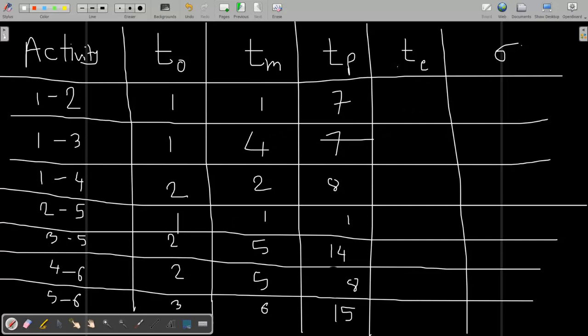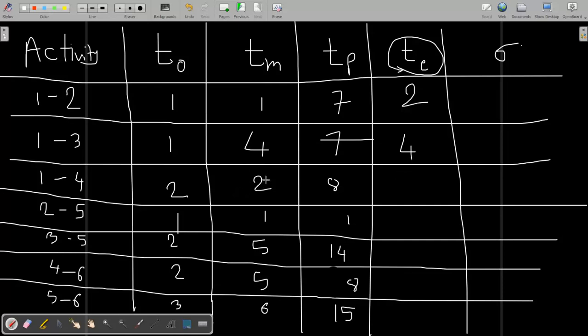For expected time, the formula is optimistic time plus 4 times mean time plus pessimistic time, divided by 6. So 4 ones are 4, plus 1 is 5, plus 7 is 12, 12 by 6 is 2 weeks. 4 fours are 16, plus 1 is 17, plus 7 is 24, divided by 6 is 4.